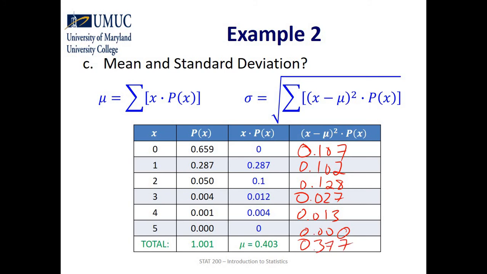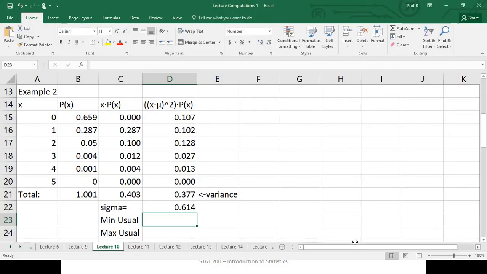Okay, so I'll show you this a little bit cleaner. 0.107, 0.102, 0.128, 0.027, 0.013, and then 0. And then our sigma squared, which was 0.377. So what is our value for our standard deviation?